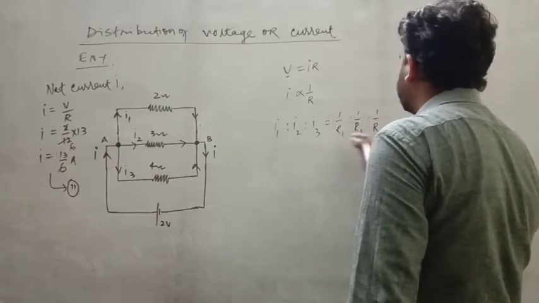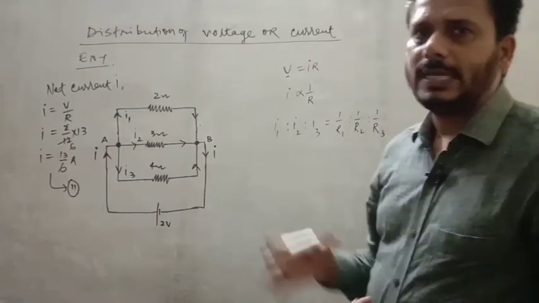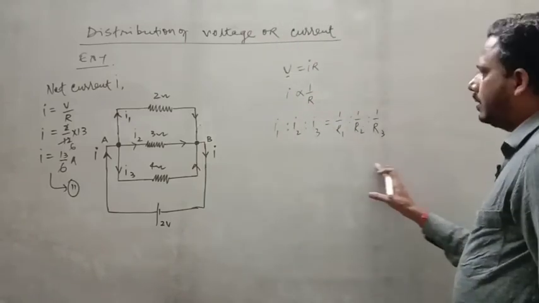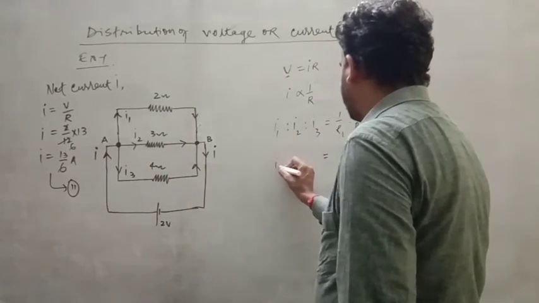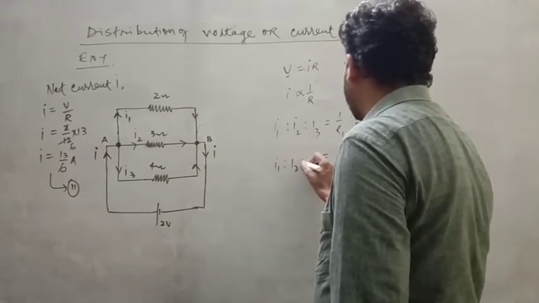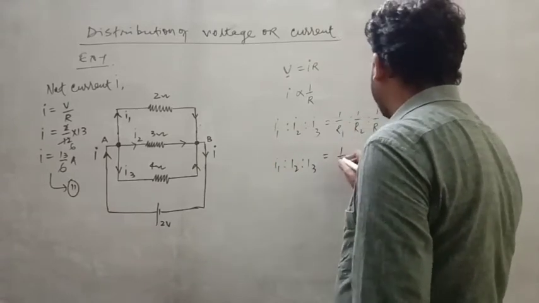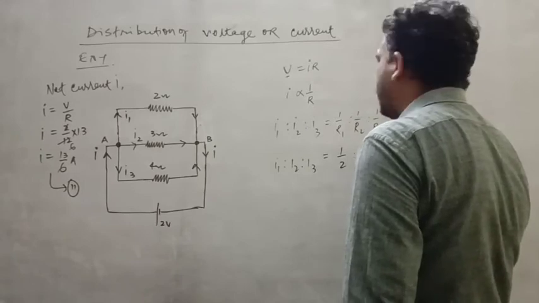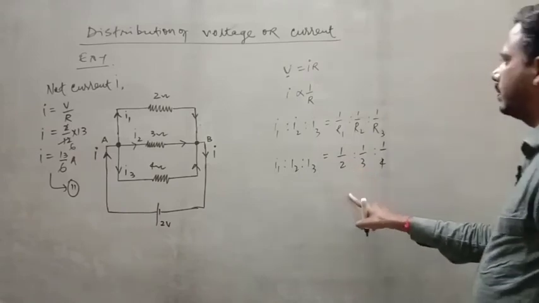This is the best method, by which there is no way of making a mistake in the calculation. Here R1 is 2, R2 is 3 and R3 is 4, so actually this is inversely proportional.